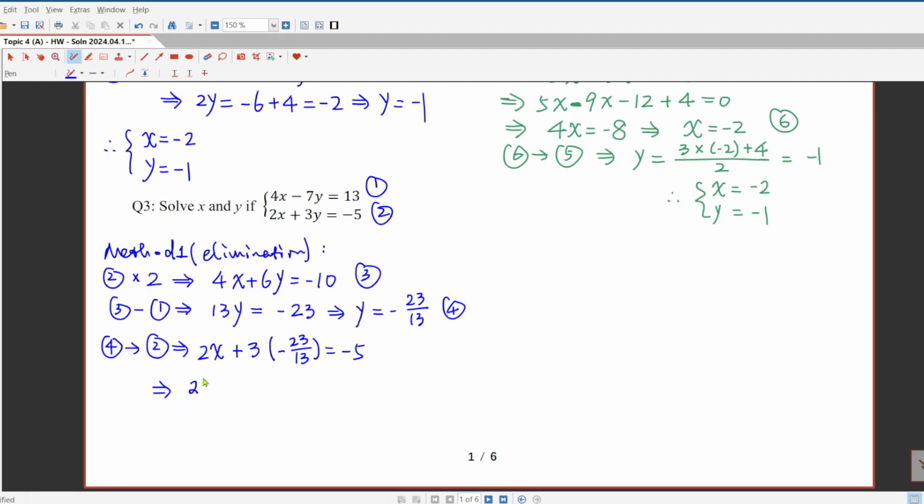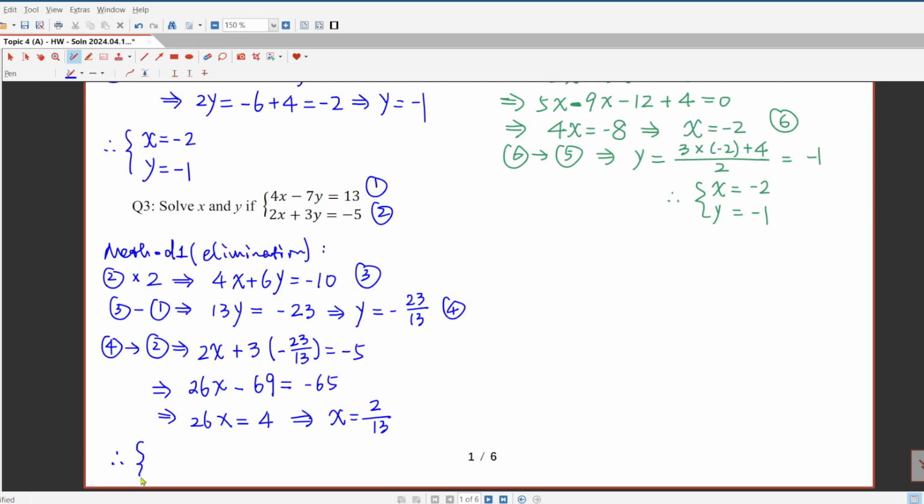This will give us 26x minus 69 equals negative 65. Therefore, 26x should equal 69 minus 65, which is 4. And then we can solve x is 4 over 26, which is 2 over 13, right?